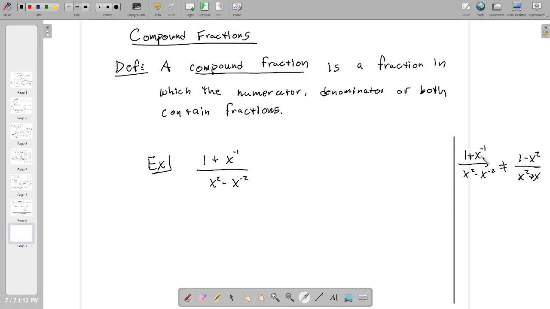What I mean by this is, because we have a negative first power, it doesn't mean that this goes to the denominator like we have seen before. In the previous examples, where an x to the negative first power would go to the denominator is when it's multiplying by the rest of the numerator. Here, it's not multiplying, we're adding to 1.